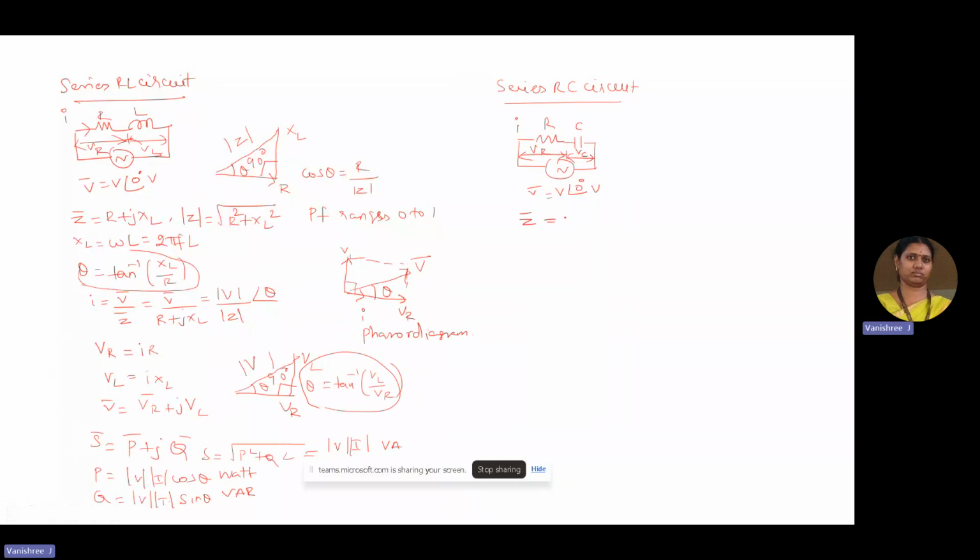The impedance is equal to R minus JXC, and the modulus of Z is given by root of R square plus XC square, where theta is equal to tan inverse of minus XC divided by R.